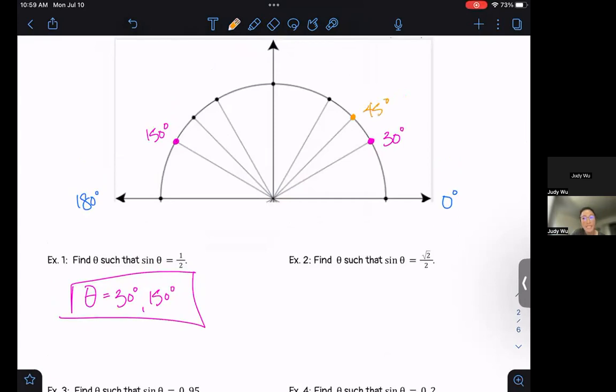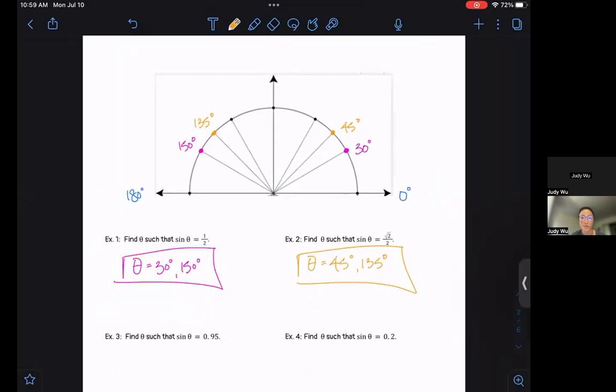But if I apply the same reasoning that I did to example 1, it looks like 135 degrees also has a y value. So example 2 actually also has 2 solutions. Theta equals 45 degrees and 135 degrees, okay?